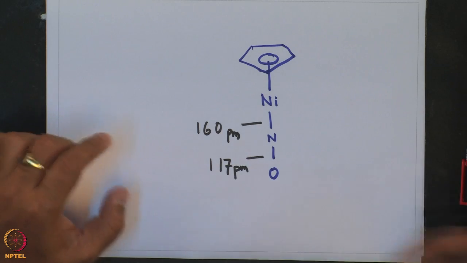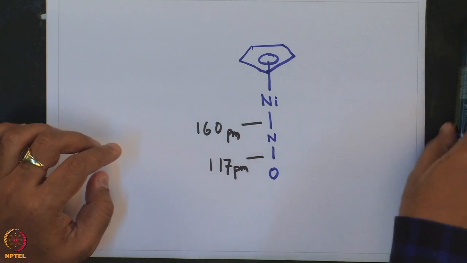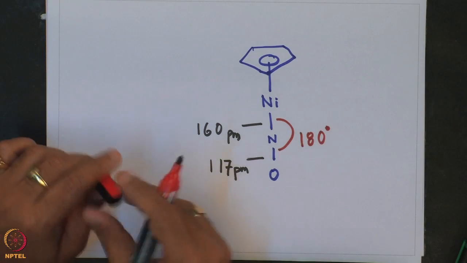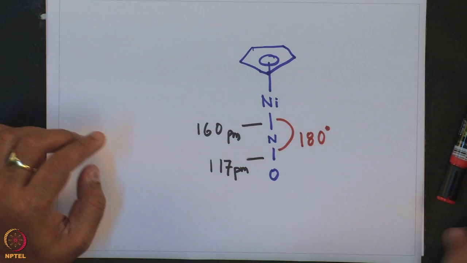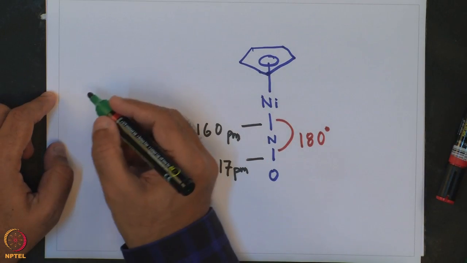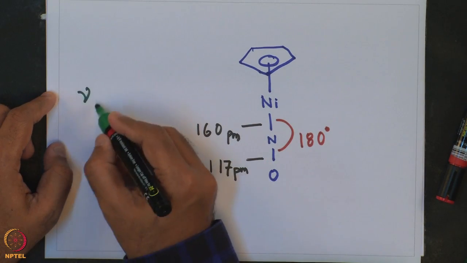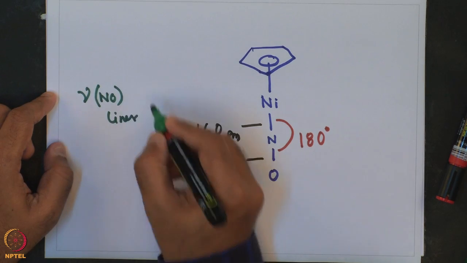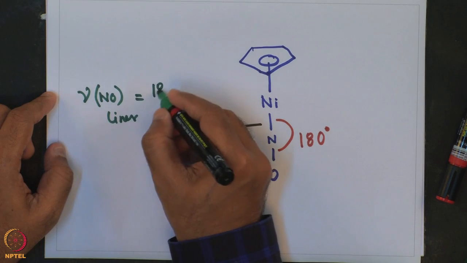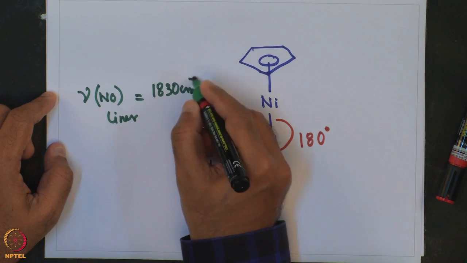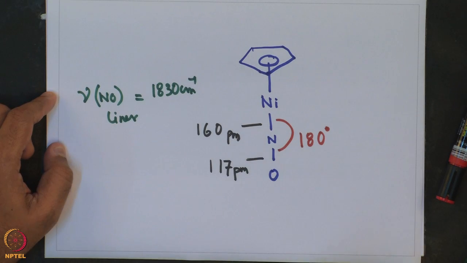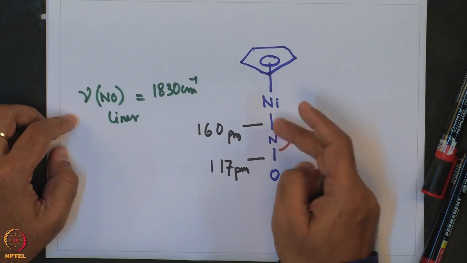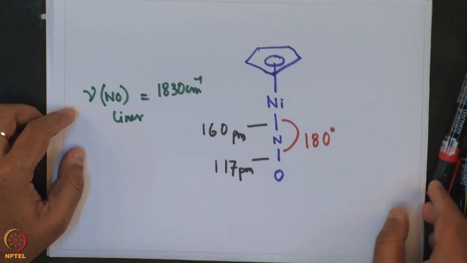This angle is linear, so it is about 180 degrees, and correspondingly the stretching frequency nu NO linear is 1830 centimeter inverse. So, this is quite higher energy, indicating that this is a 3 electron interaction.